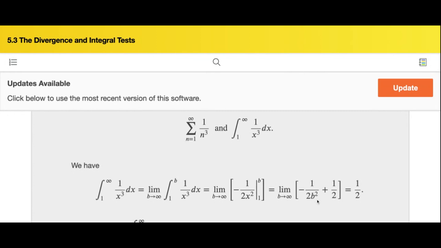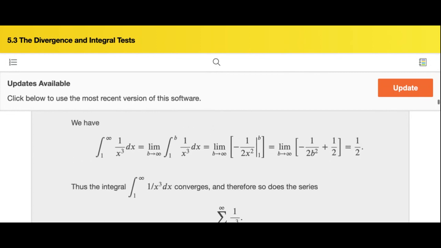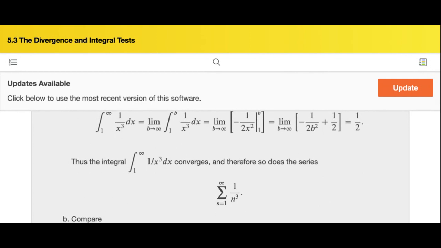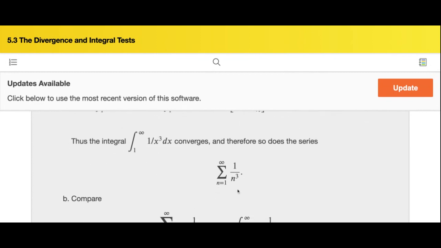We get negative 1 over 2b squared plus a half, and we take the limit. The limit of the first term is 0, and the second term is constant, so we get a half. So because this integral converges, we can conclude this series converges also.